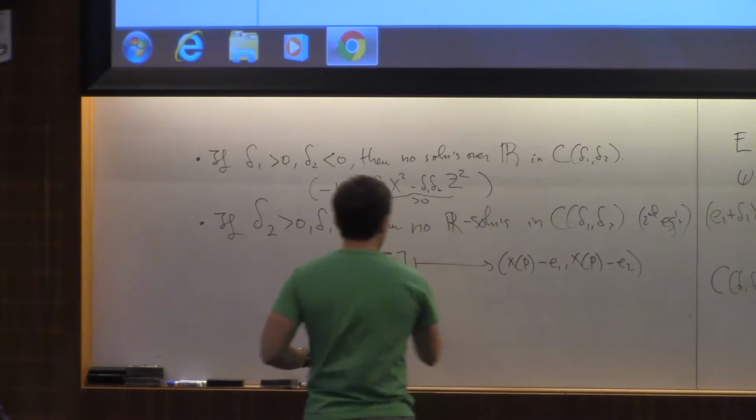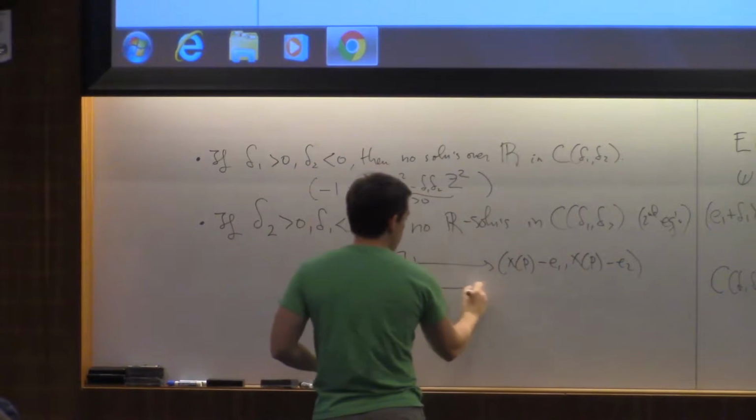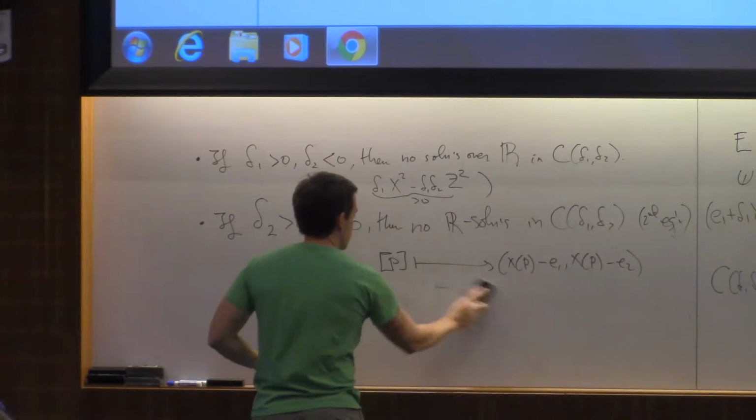So for the torsion points and O, in fact, the map is defined differently.